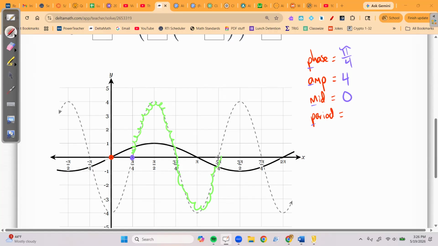He goes up, comes back down, cuts through 0, goes down, quadrants 3 and 4, comes back up, and boom, there he is. This x value right here is pi over 4. This x value right here is 5 pi over 4.